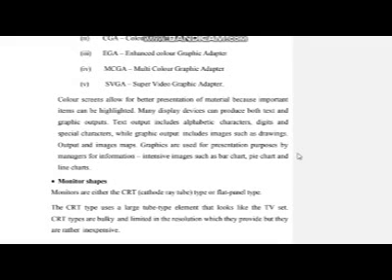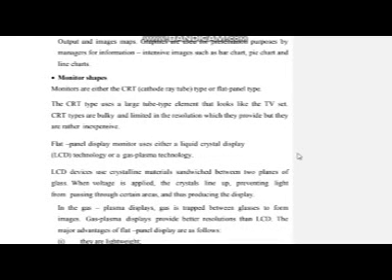So, monitor shapes. Monitors are either CRT, and when you hear the word CRT, we mean cathode ray tube, or flat panel type. That's your flat screen. The CRT type uses a large tube type element that looks like a TV set.